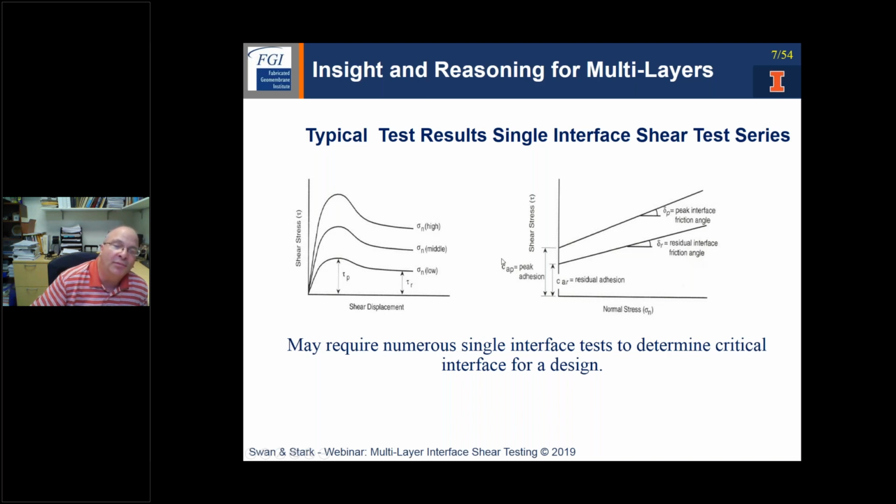And from them, we could then plot the measured peak shear strength against the normal stress, and determine our peak interface friction angle as well as the adhesion at peak for the interface. And then plotting the large displacement values in a traditional way, we could also measure large displacement friction angle and related adhesion.